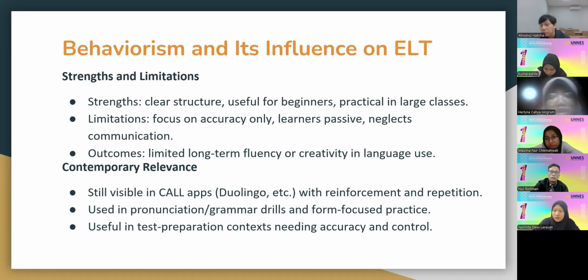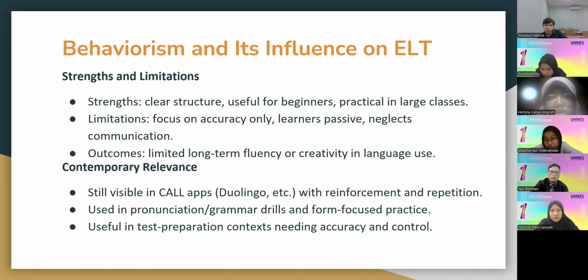And the strengths and limitations of behaviorism. The strength is that behaviorism offers clarity, structure, and predictability, which is an advantage in large classes or for beginner learners.